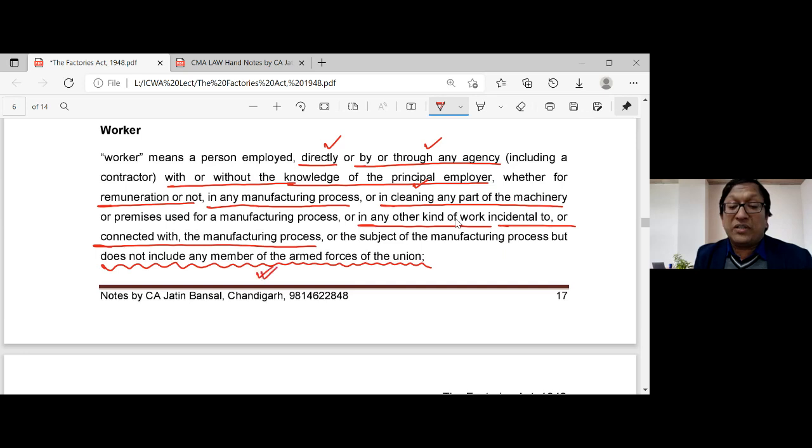This person will not be treated as a worker, because the Act is basically not applicable to them.